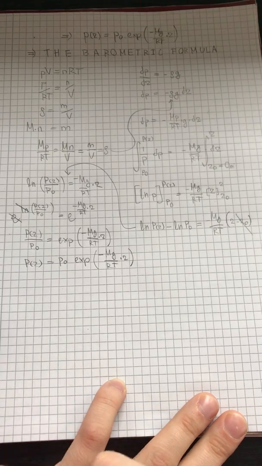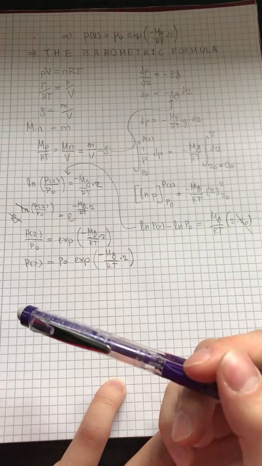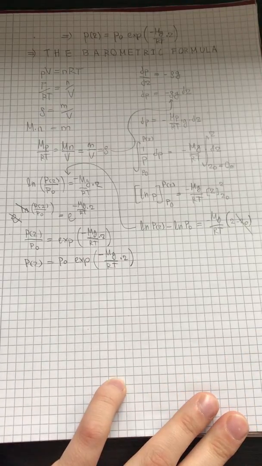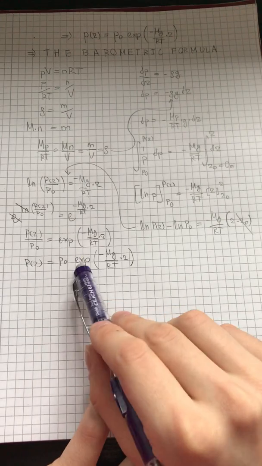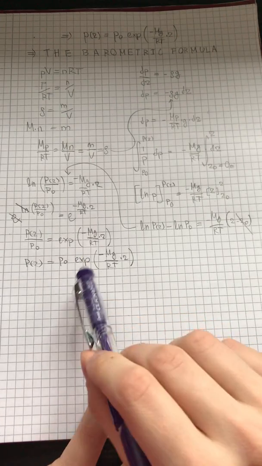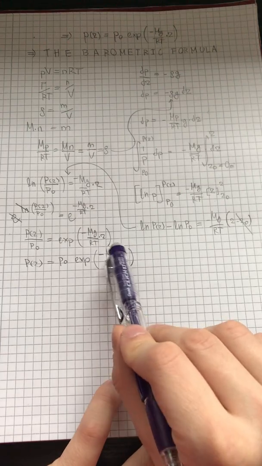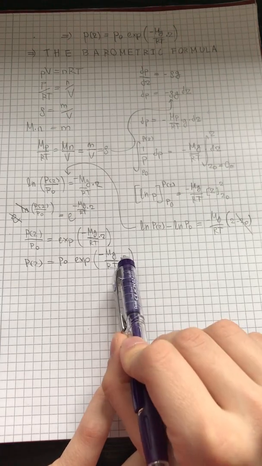So whatever the pressure is at the surface, in atmospheric physics, that would be standard pressure, which would be equivalent to 1013 hPa, or, correct me if I'm wrong, but that should be 1013 multiplied by 100 Pascal. We multiply that by an exponent, or rather e to the power of minus mg over RT multiplied by z.